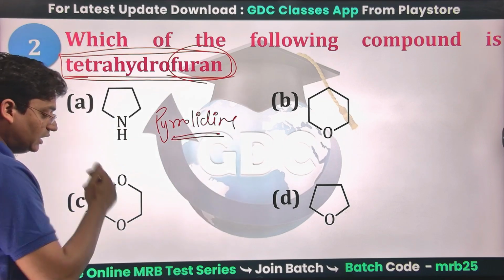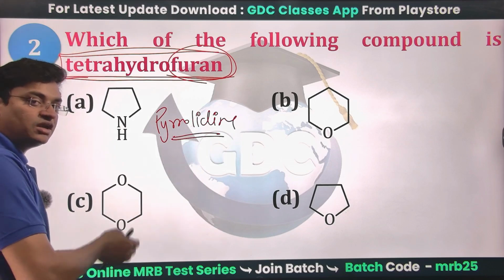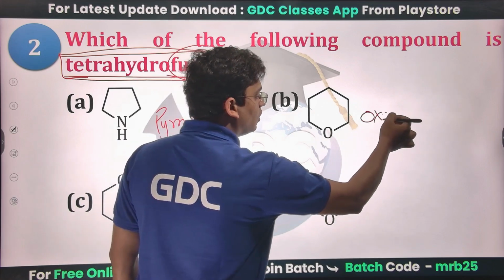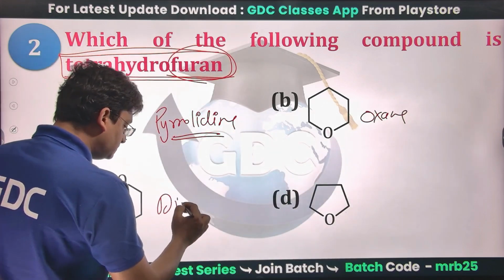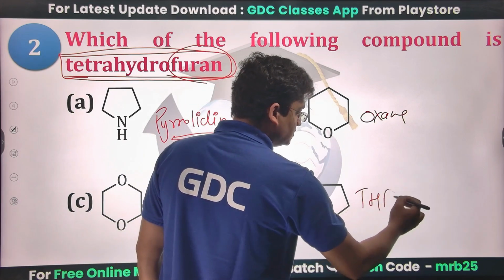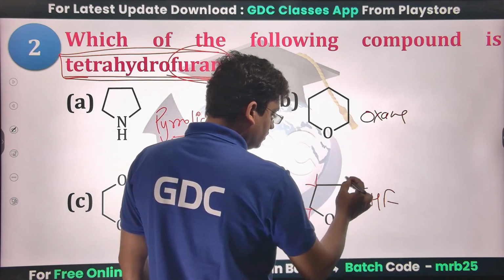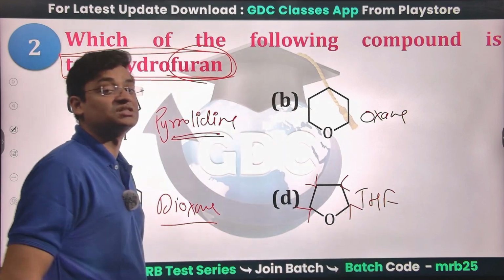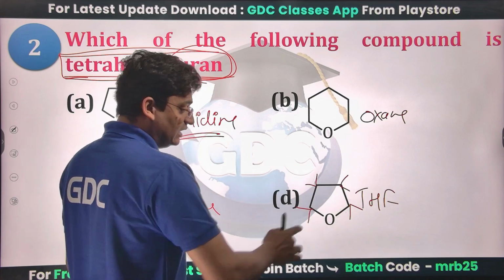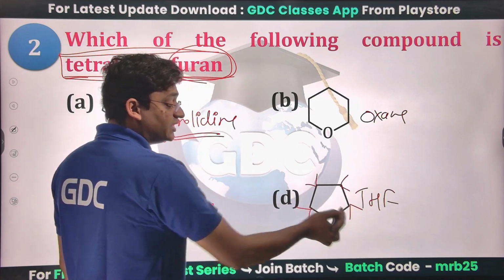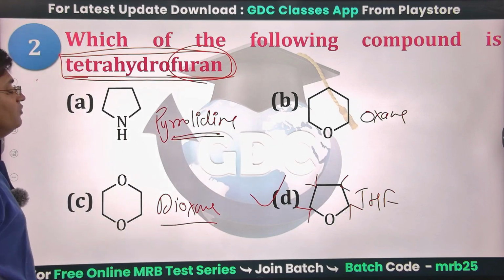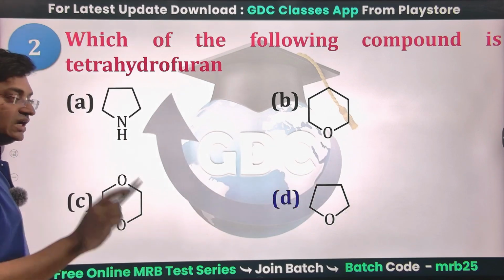Here we have dioxane, a 6-member ring with 2 oxygen atoms. And we have tetrahydrofuran, that is THF. Here the 4 carbons have 1 extra hydrogen each with respect to furan, since furan has 1 hydrogen on each of the 4 carbons, while tetrahydrofuran has 1 extra hydrogen on all 4 carbons. So it is our THF, tetrahydrofuran. So D will be our right answer.